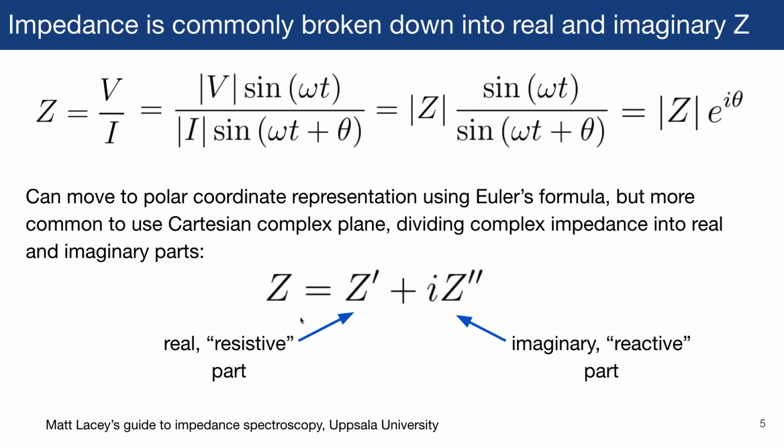So our impedance is then partly composed of a real resistive part, which is, again, our analog of DC, and then this imaginary reactive part, which is the part that comes out of the fact that we're dealing with an AC excitation that then will have some sort of oscillating component.